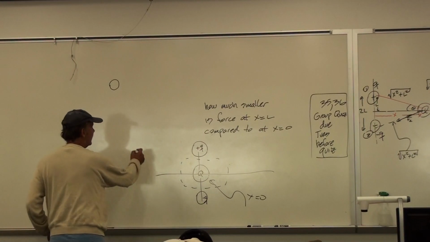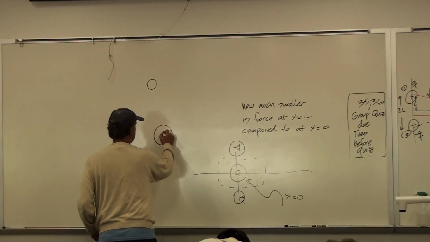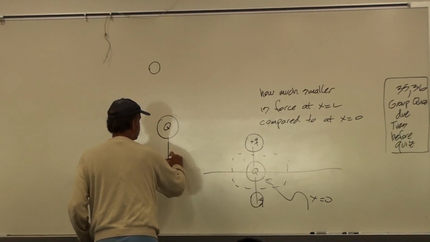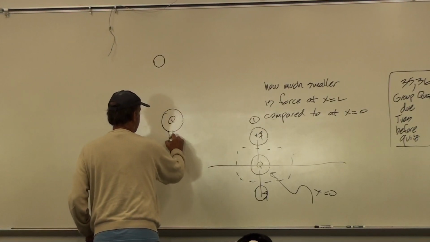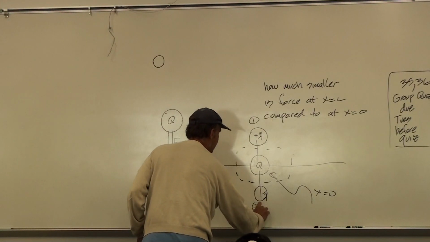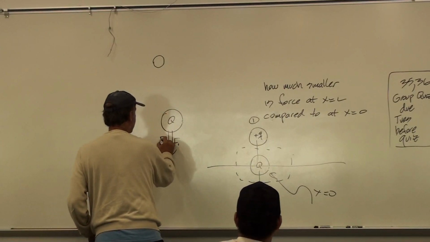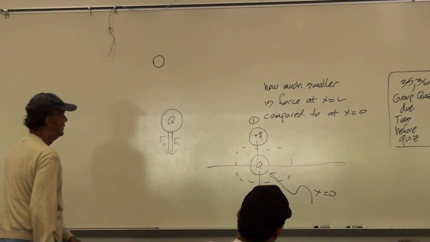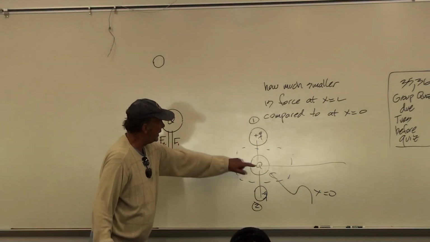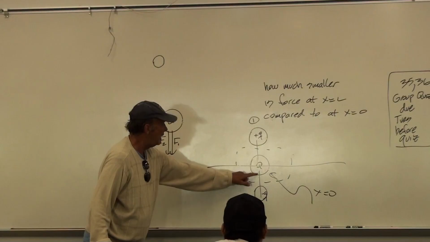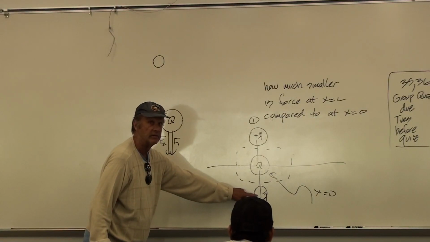Okay. Well, what we've got then on big Q, we've got a force due to the top charge, that's F1. And we've got a force due to the bottom charge that's pointed in the same direction, that's F2. So they're both pointed in the same direction because positive repels positive and positive attracts negative.